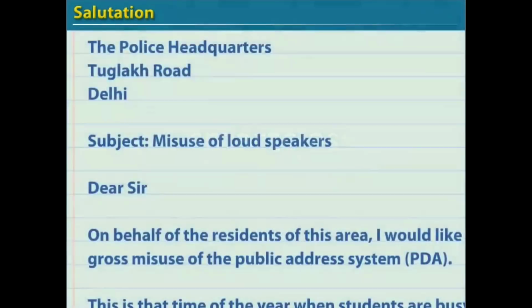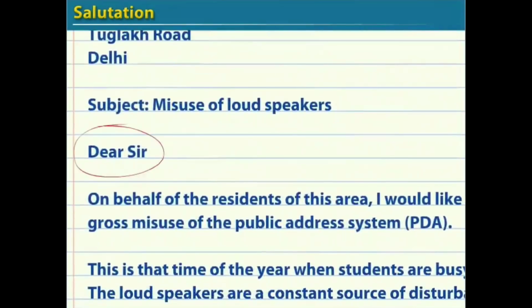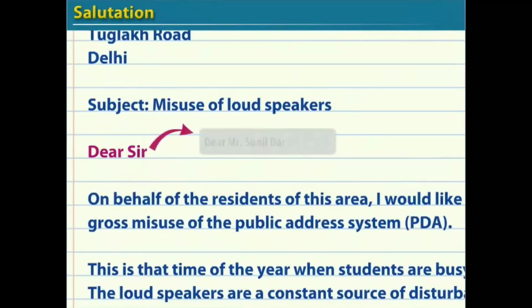Salutation. It is important that you use the correct form of salutation depending on who the letter is being addressed to. You can address the person as Dear Mr. Sunil Dar, but not as Dear Mr. Sunil or Dear Sunil.